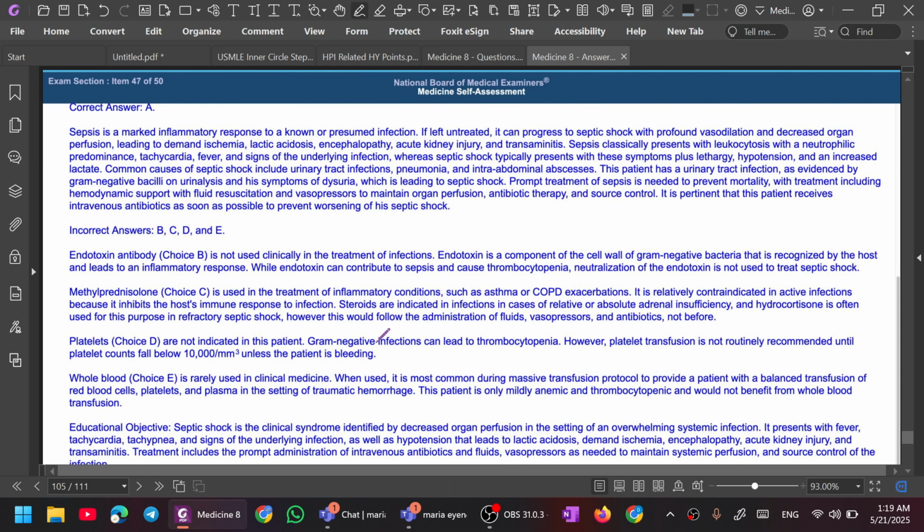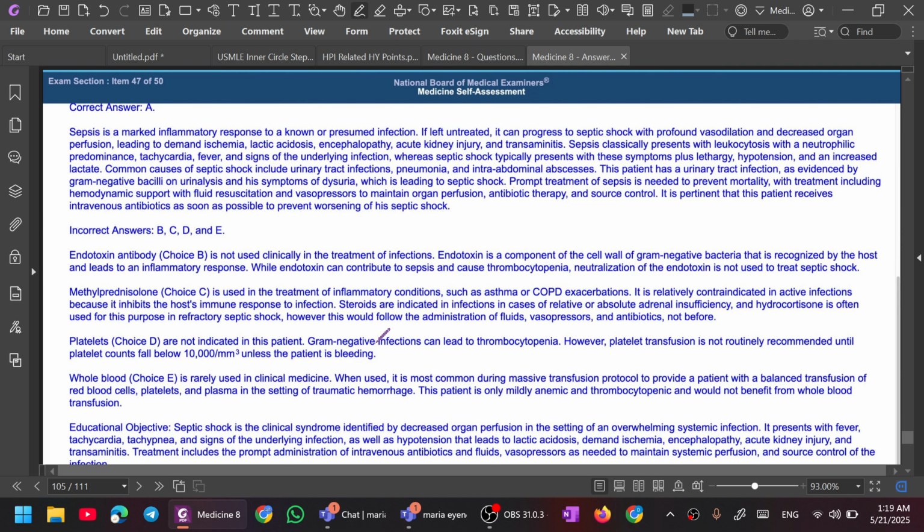Sepsis classically presents with leukocytosis with neutrophilic predominance, tachycardia, fever, and signs of underlying infection, whereas septic shock presents with these same symptoms plus hypotension and an increased lactate. Common causes include UTI, pneumonia, abscesses. This patient has a UTI, as evidenced by gram-negative bacilli on urinalysis and dysuria, which is the leading cause of septic shock.